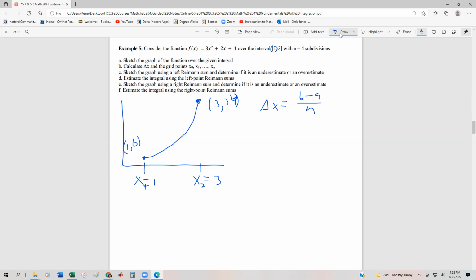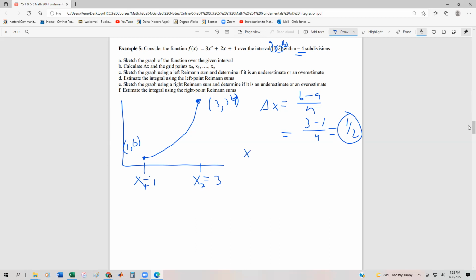In this case, a is 1, b is 3, and n is 4. So that's going to be 3 minus 1 over 4, which is 2/4 or a half for delta x. Now, to get to the grid points, we're just going to partition this and add 1/2 each time, and we're going to get to the next grid point.